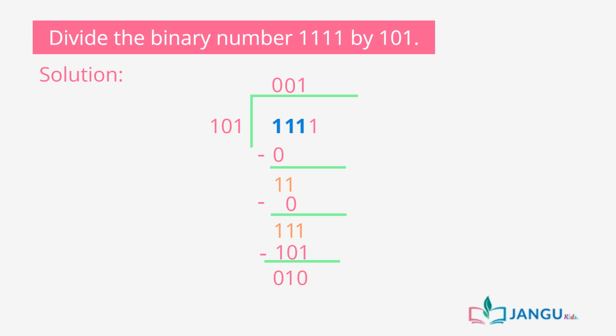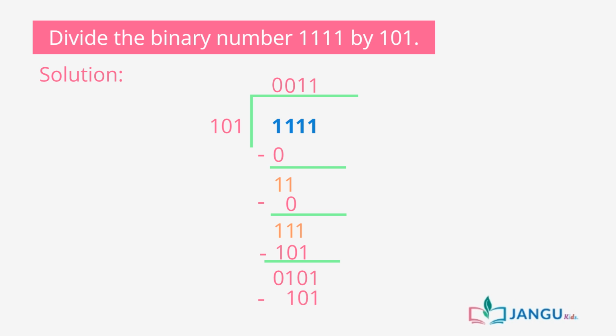Lastly, we bring down the last digit of our dividend, which is 1, which makes it 101, ignoring the leftmost digit. Looking at our dividend and divisor, we can see that 101 is equal to 101. Since they are equal, we write 1 in the quotient above the rightmost digit of our dividend. 1 times 101 is 101.